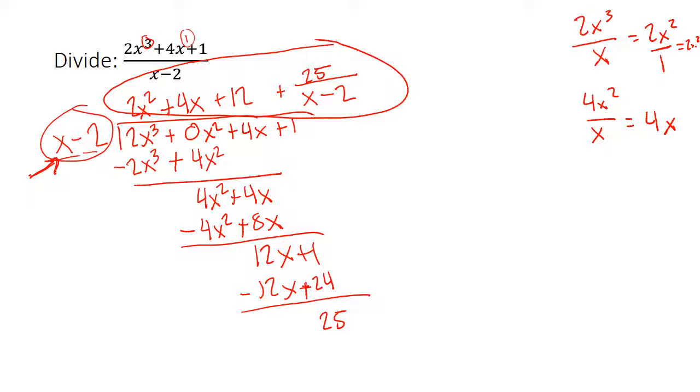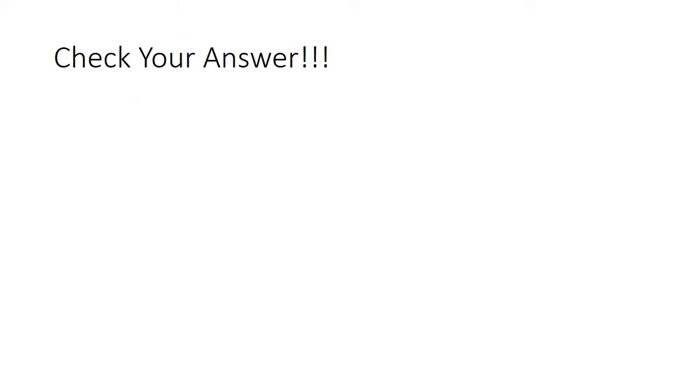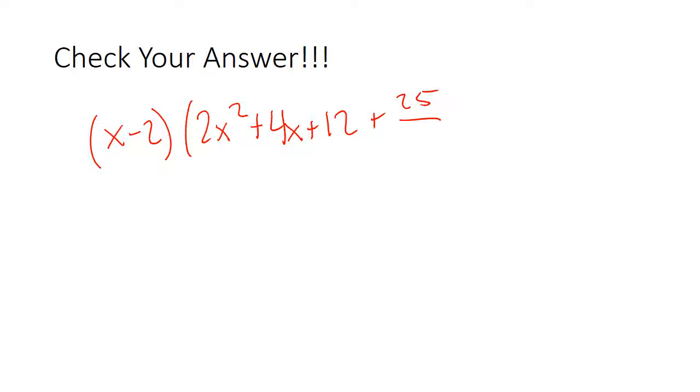But it's always a good idea to check. So the way that we'll do that, we're going to take what we had as our divisor, so x minus 2, and multiply that by our quotient that we got. So 2x squared plus 4x plus 12 plus 25 over x minus 2.